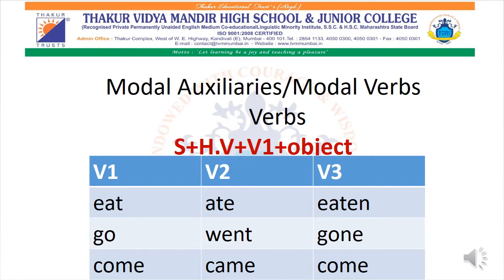After 2-3 slides we will see the types of modals. Okay, and if we see the structure of a modal auxiliary sentence, it is subject plus helping verb. Helping verbs are the modal auxiliary words that we will add, plus the base form of the verb first, plus object.